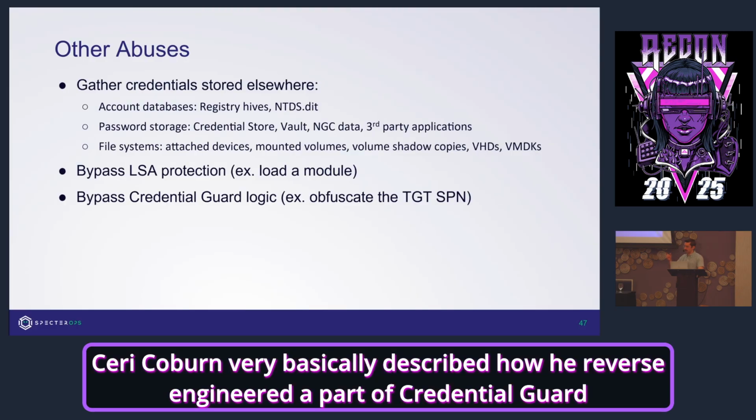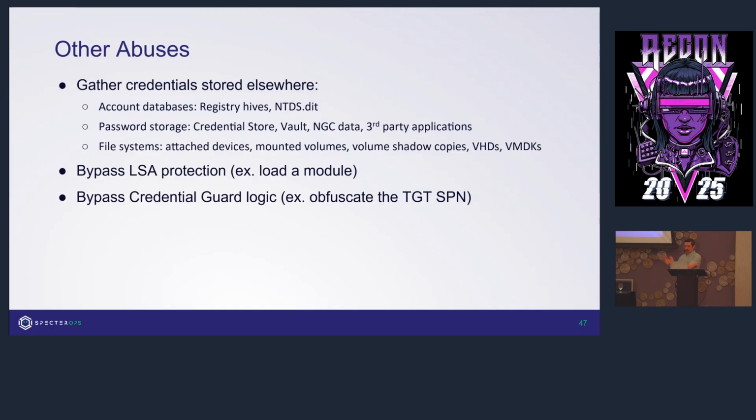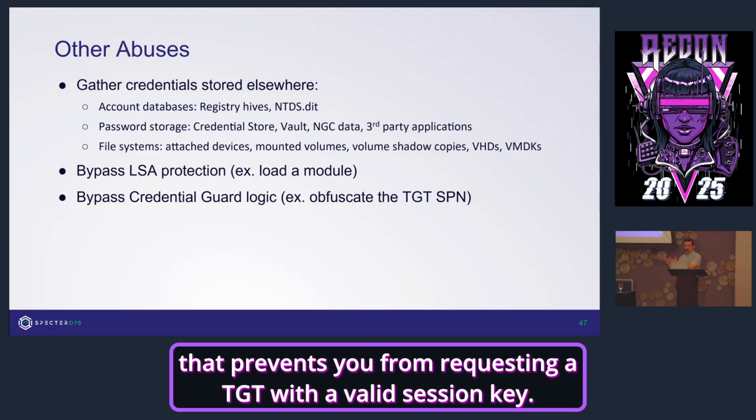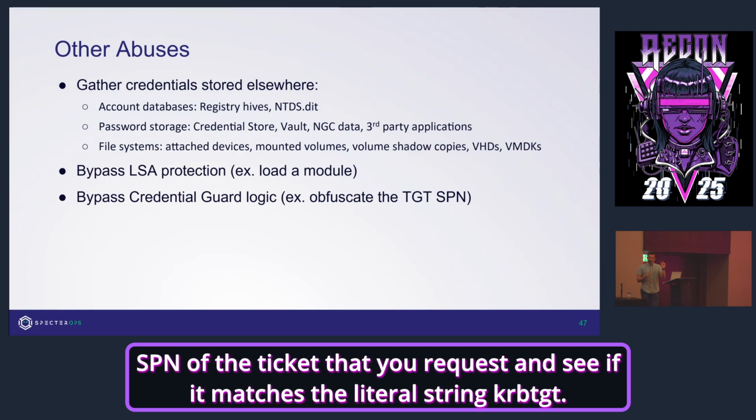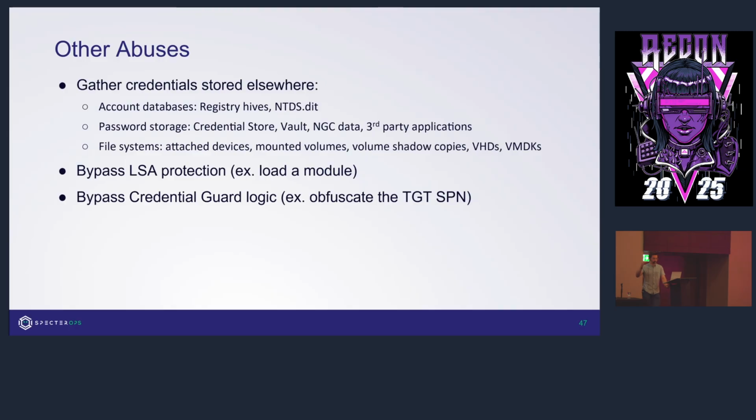Kerry very basically described how he reverse engineered a part of Credential Guard that prevents you from requesting a TGT with a valid session key. He looked at what check was being performed, and he noticed Credential Guard will check the SPN of the ticket that you request and see if it matches the literal string krbtgt.